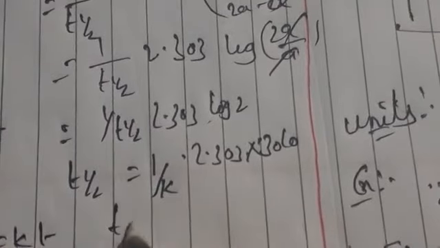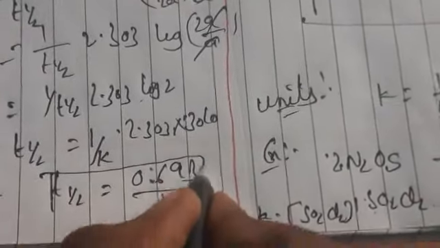So you will be getting t half is equal to 0.693 by k. So this is the t half value of the first order reaction, the half-life time period. This is about the half-life time period of the first order reaction and also the rate constant.